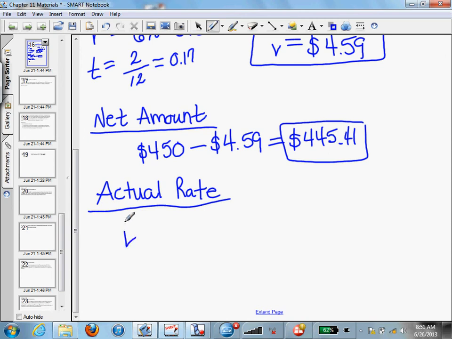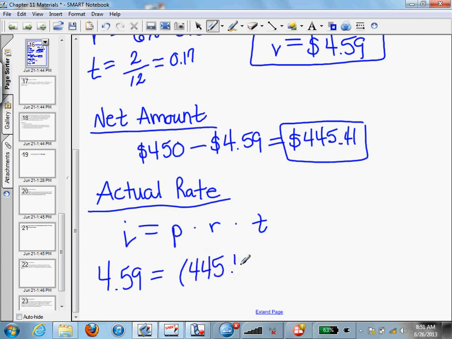For that, let's use our formula of I equals P times R times T. We know our interest in this case is 4.59, equals the principal that we see is the net amount, which was $445.41, times the rate R, that's what we're solving for because it's the actual rate, times time. Time did not change, so it's 0.17.